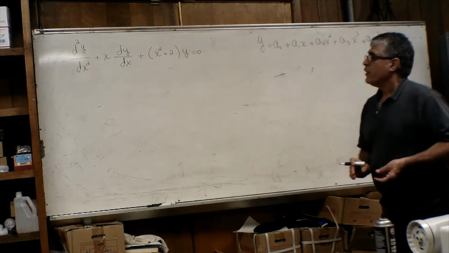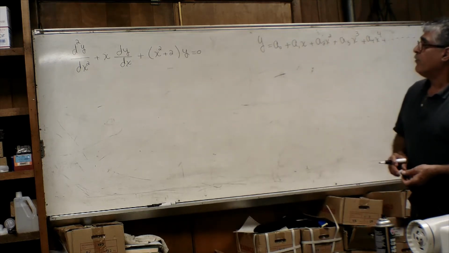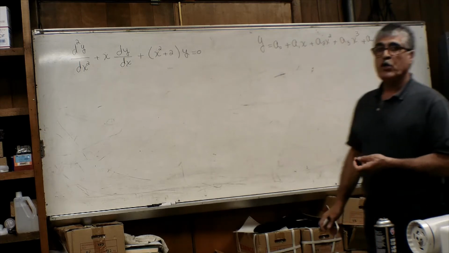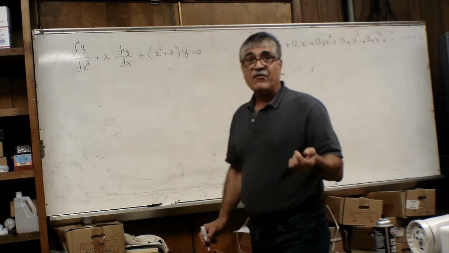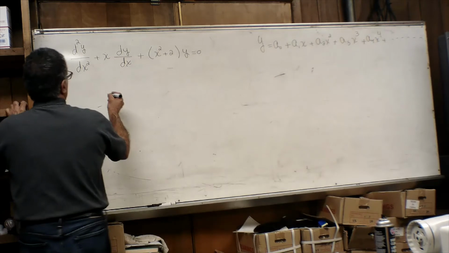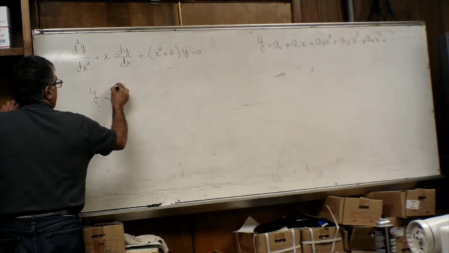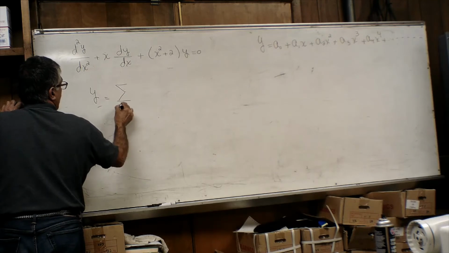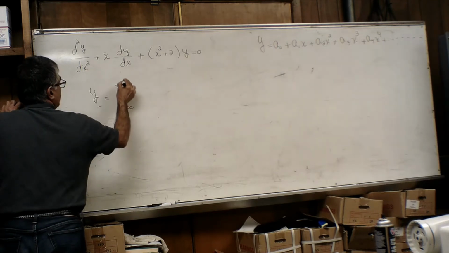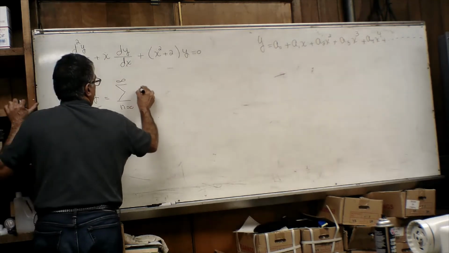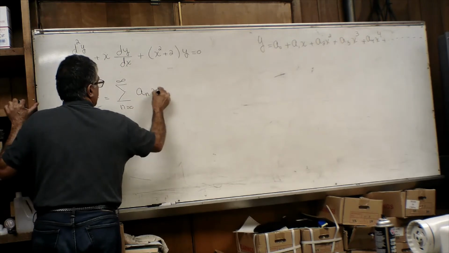So the first step, again, to solve a differential equation using the series, we have to assume that our solution y is the summation of n from 0 to infinity of a n x to power n.